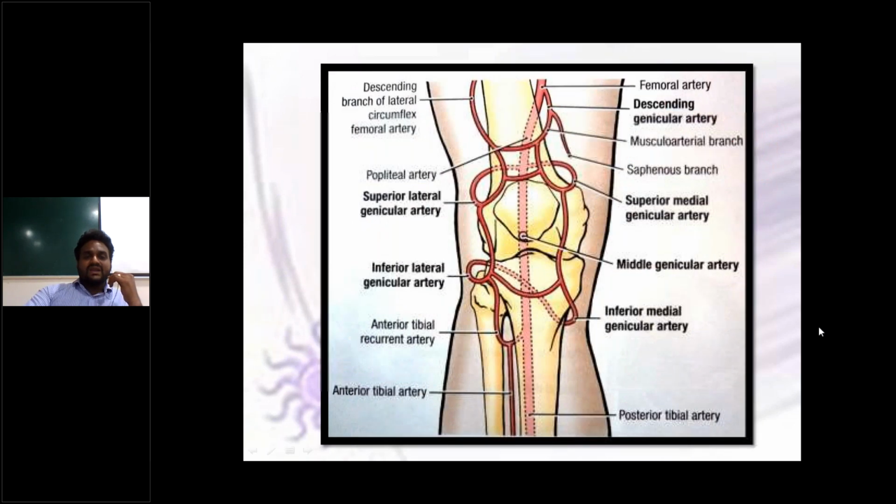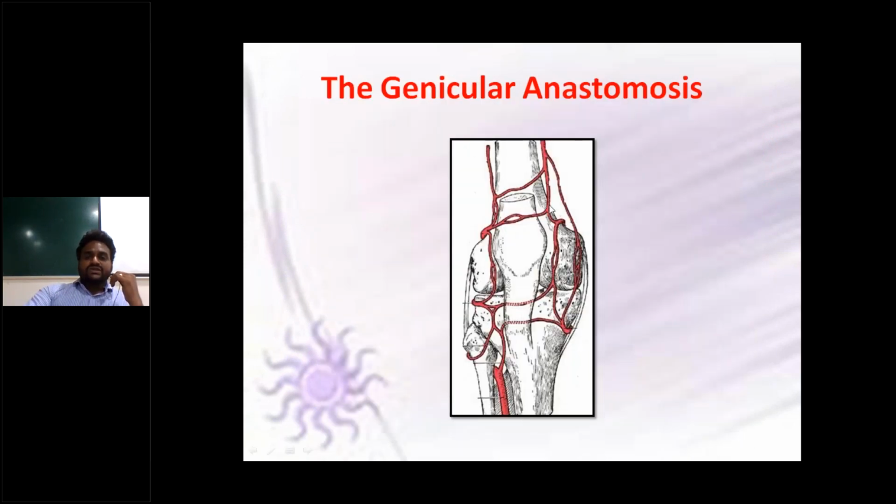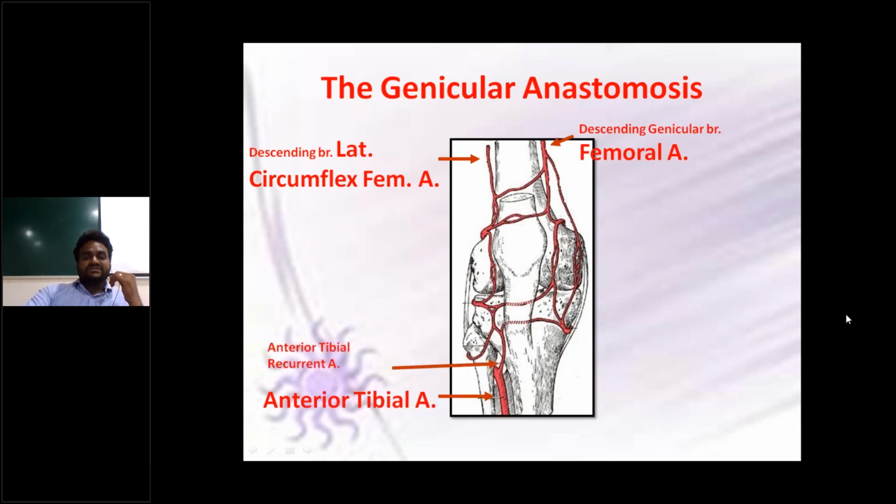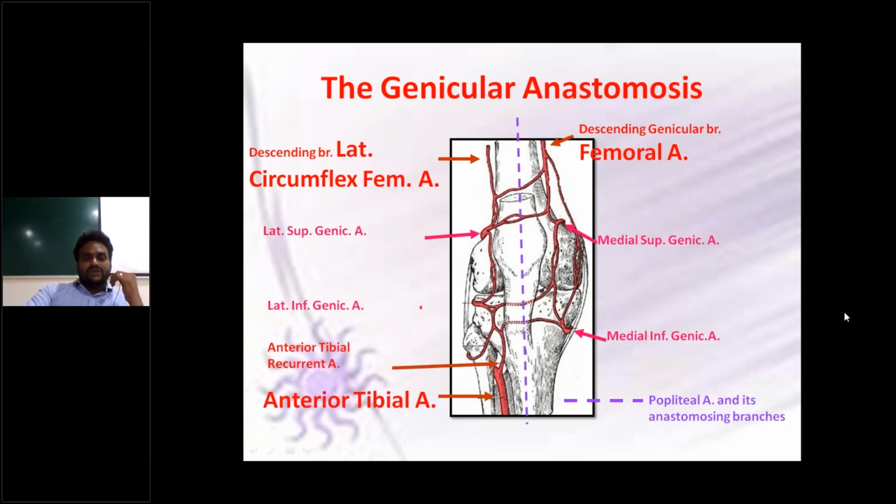Next we come to the blood supply. The knee joint's arterial supply is mainly by the genicular anastomosis from the 5 genicular arteries: 2 medial genicular arteries, 2 lateral genicular arteries and 1 middle genicular artery.